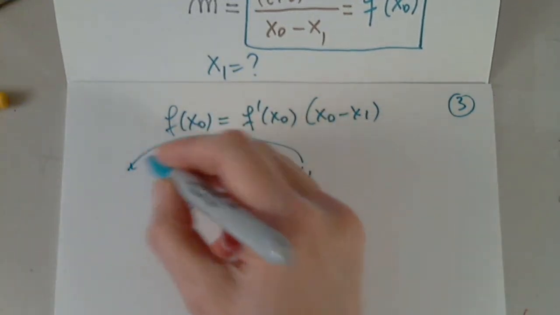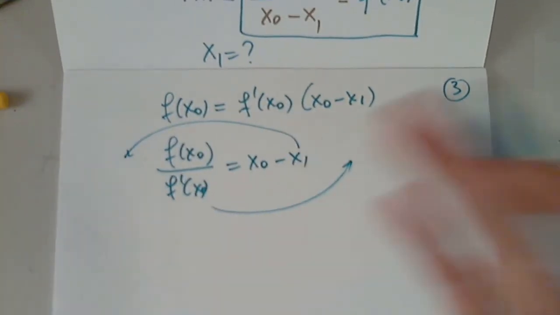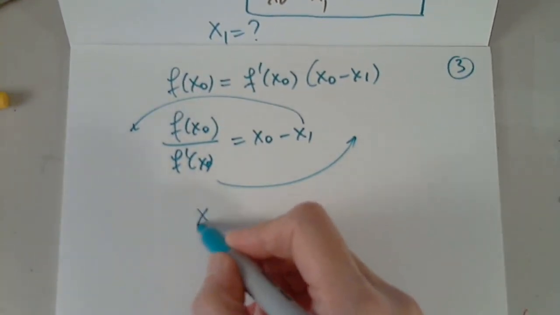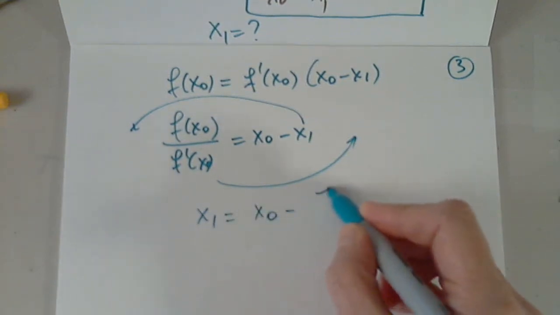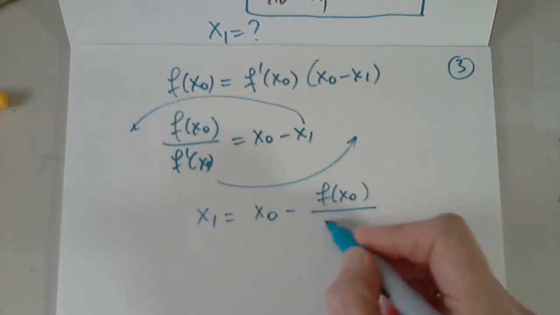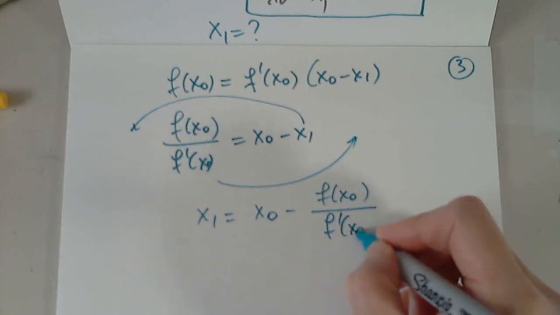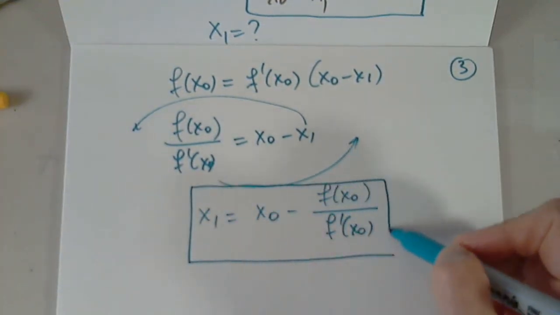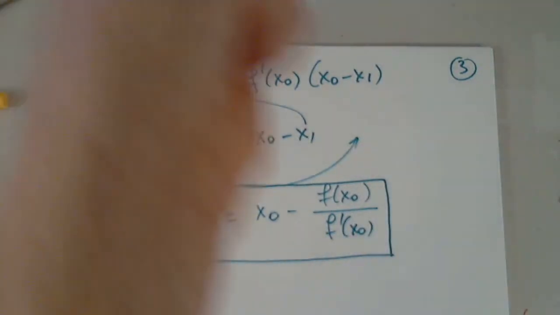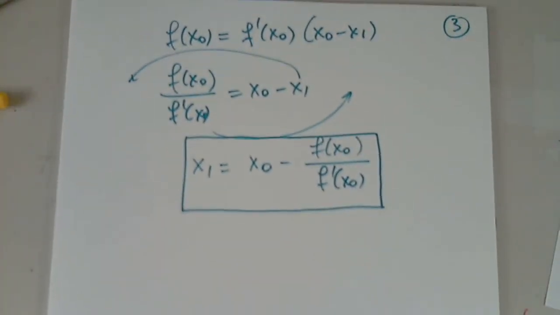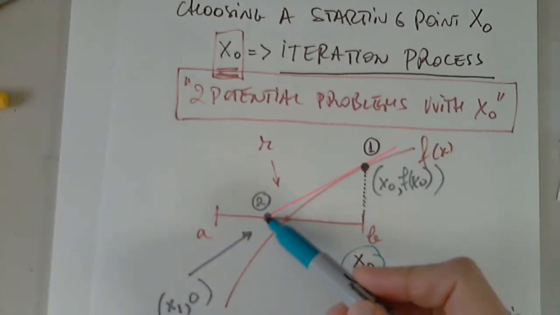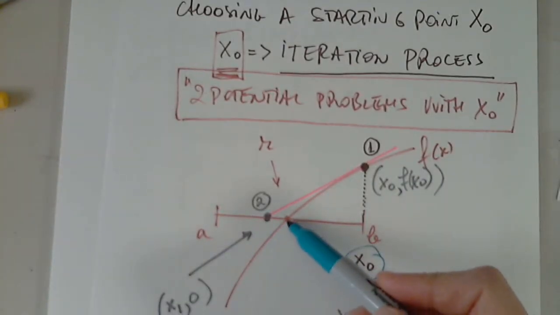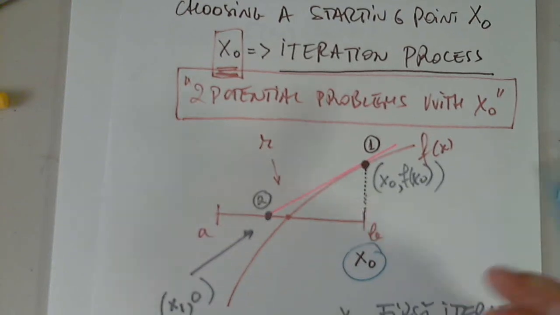I will move x1 and move this because I don't want to have to multiply by negative 1 anymore. So it's this. With this relationship, now you understand why this is an application of differentiation. With this relationship, I found a better approximation of the root r than the value I started with.